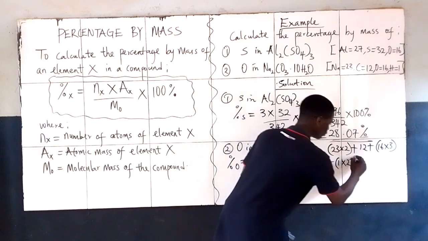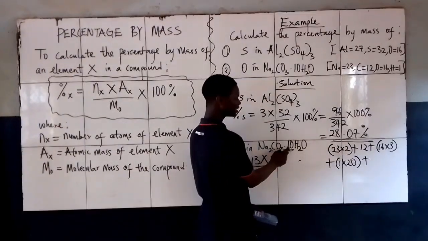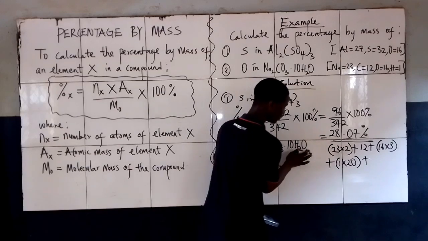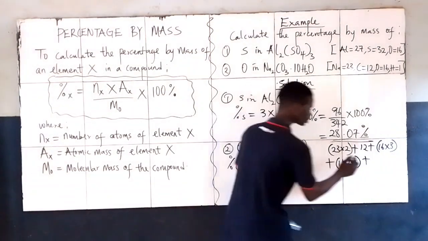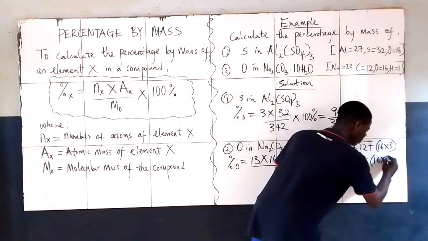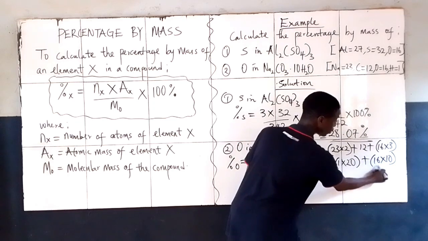That's how I got it. Plus, this 10 is affecting the entire compound, so it will be 10 atoms of oxygen. That is 16 times 10, because atomic mass of oxygen is 16.